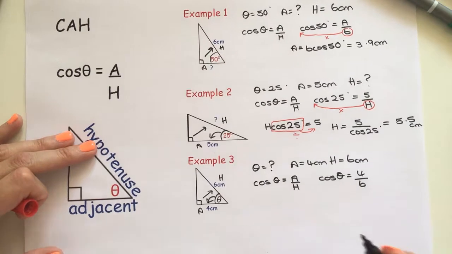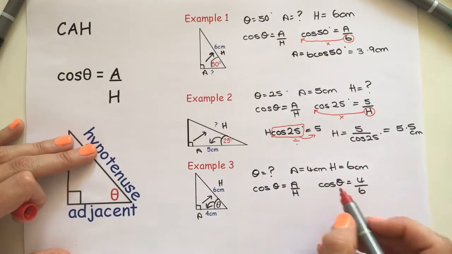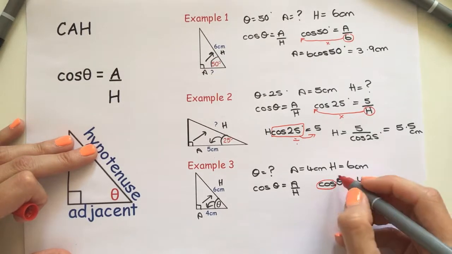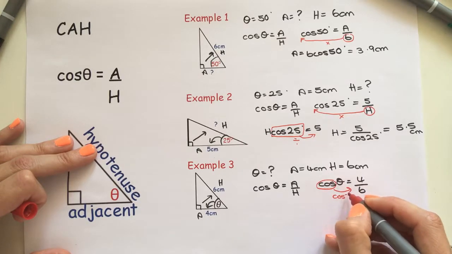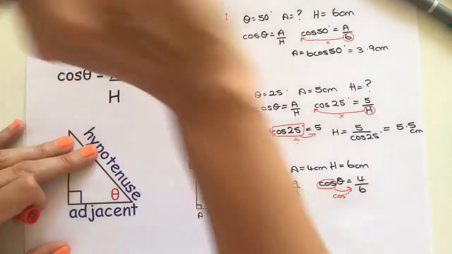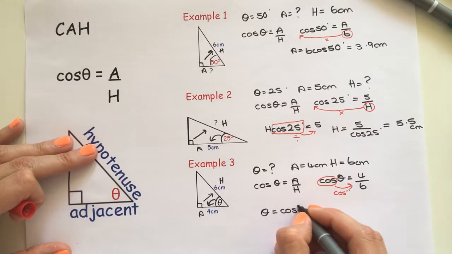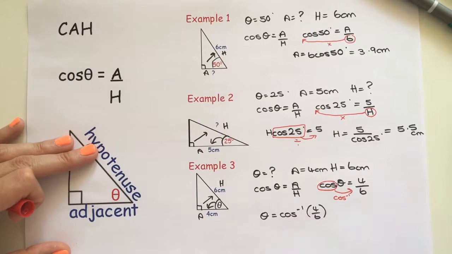And just like in the previous example when we needed to find an angle, to basically do the opposite of cos, we have to do the inverse of cos, which is cos to the minus 1. So theta equals the inverse of cos, cos to the minus 1 of 4/6.